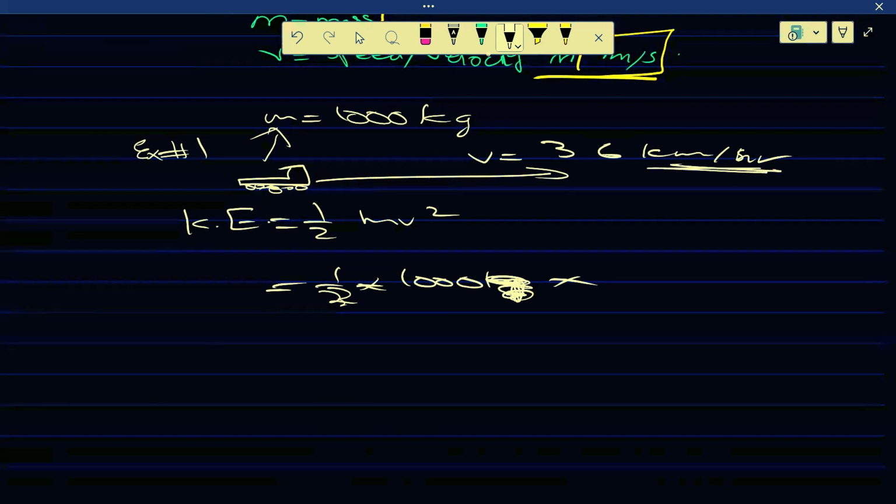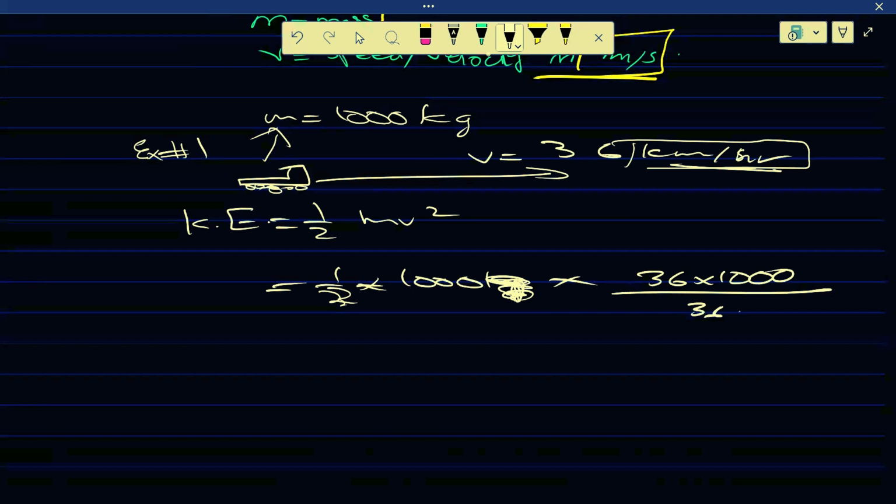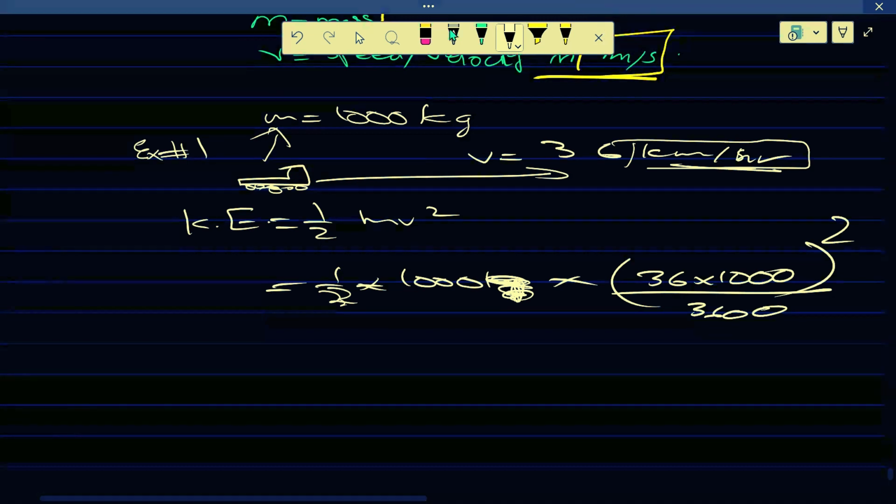First you have to convert this unit into meters per second. For converting it, you multiply 36 by 1000 and divide by 3600, and this is squared. Let me check it in the calculator.